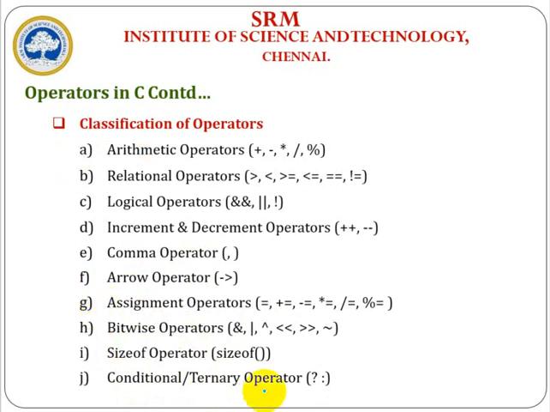So we have basically 10 different groups under which all the symbols, that is the operators, are classified.